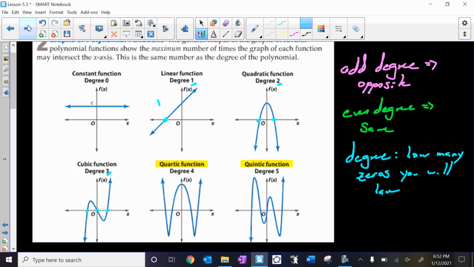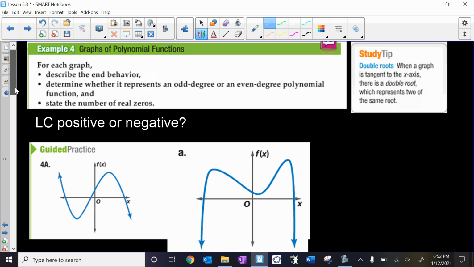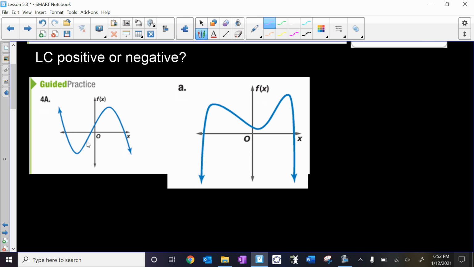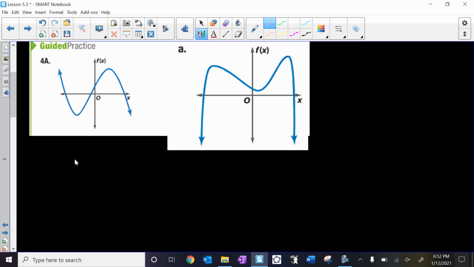I got some examples that we're going to do over here. I've got 4 parts to each problem. I want to first describe the end behavior, determine whether it represents odd or even degree, state the number of real zeros, and then we'll finish by trying to determine whether the leading coefficient is positive or negative. So let's first describe the end behavior. Describing the end behavior is a sentence using a lot of symbols.